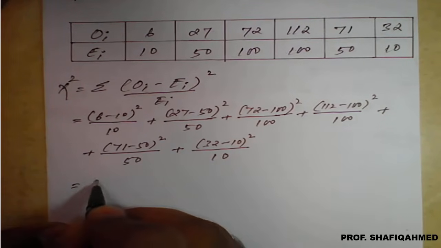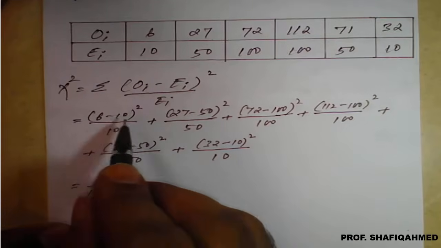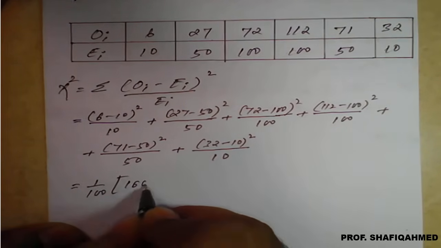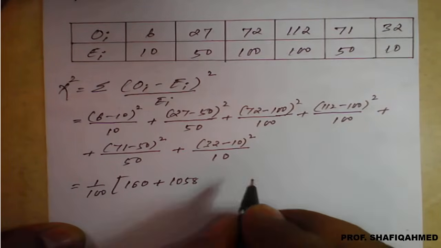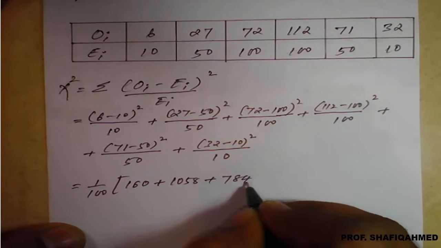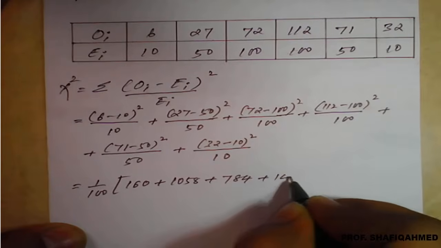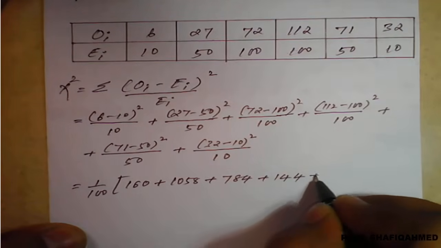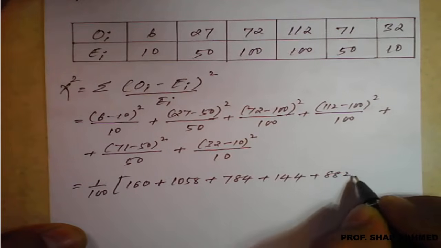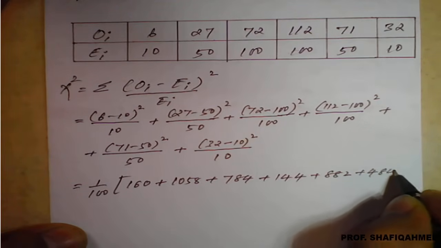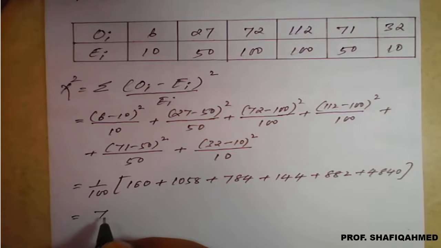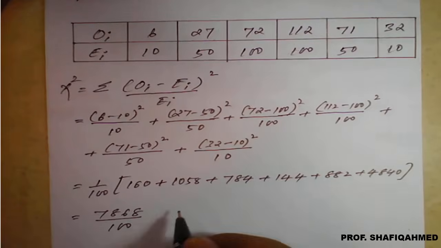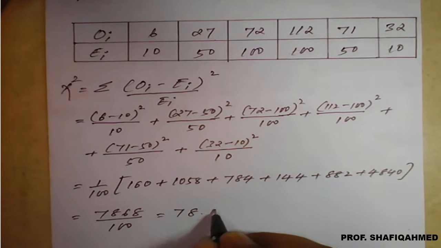Among this I will take 1 upon 100, and the simplification of this gives 160 plus, the second fraction simplification is 1058, next is 784, plus 144, plus 882, plus 4840, which is nothing but 7868 divided by 100, which is nothing but 78.68.